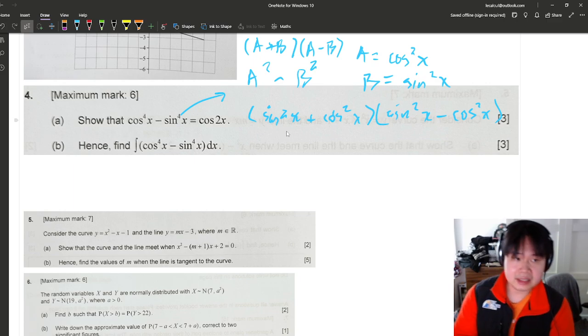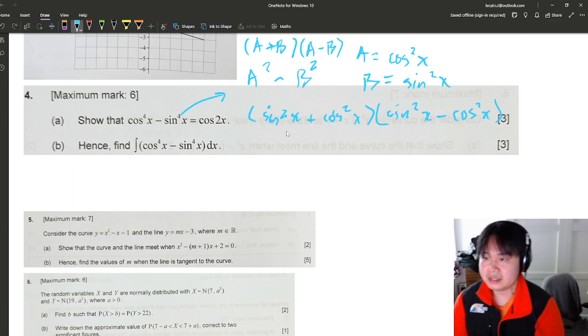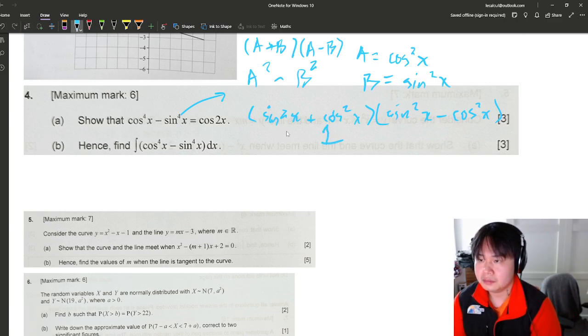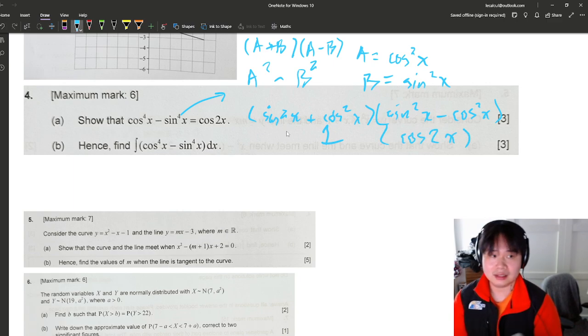And then each one of these is an identity. This one is 1. And then this right here is literally in your formula booklet, cosine 2x. And then there you go, we're done.